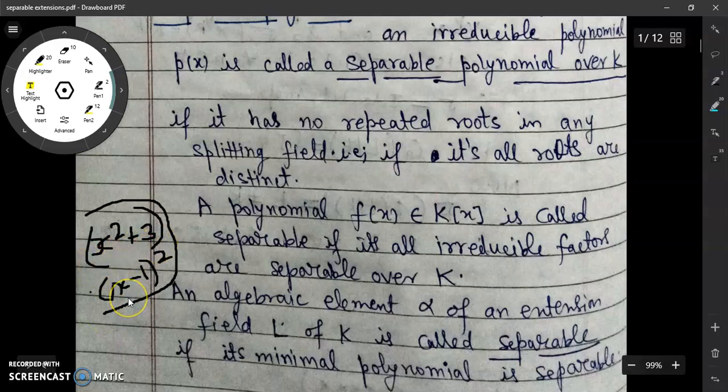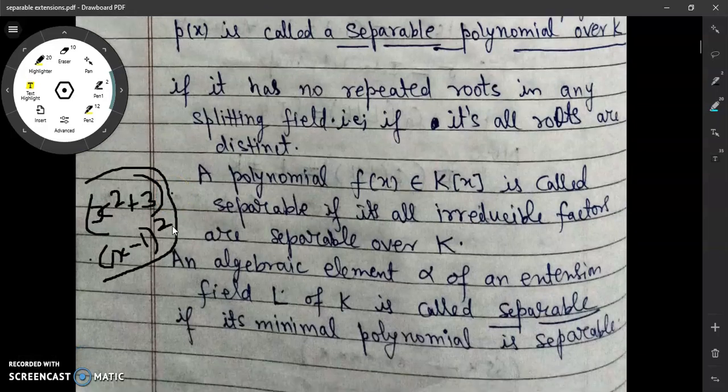Now, if we observe its irreducible factor x minus 1, then we observe that x minus 1 has no repeated roots. Next, x square plus 3 is irreducible over the field of rational numbers. Also, it has no repeated roots. It means since the irreducible factors of this polynomial are x minus 1 and x square plus 3 and both are separable, therefore this polynomial is a separable polynomial.